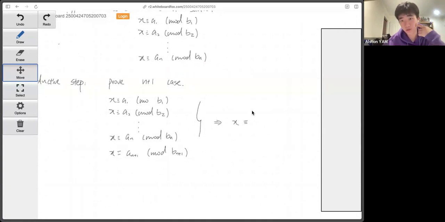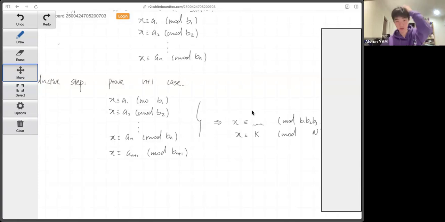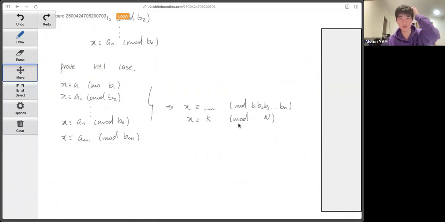And from the result of the Chinese remainder theorem, we have that x must be congruent to some value on the mod b1, b2, b3, dot, dot, dot, bn. Right? That some value, I'll just call it big K on the mod big N, where K and N are just some values that I don't really care about.